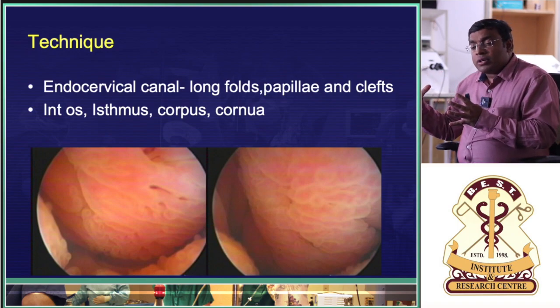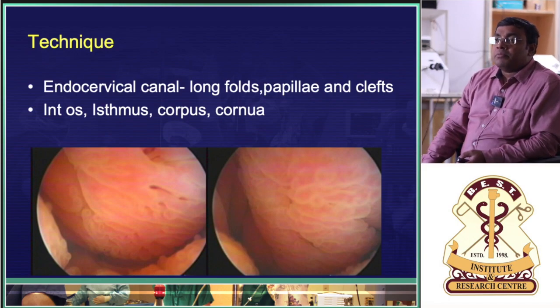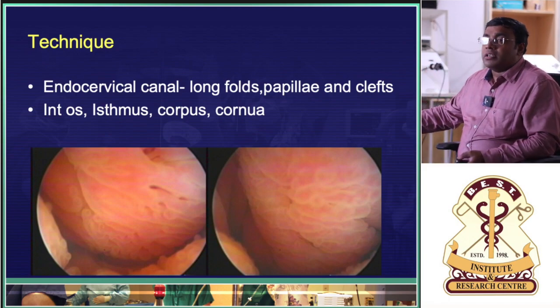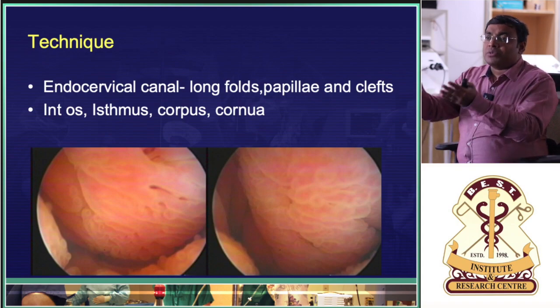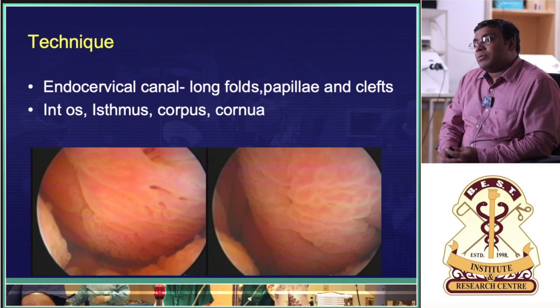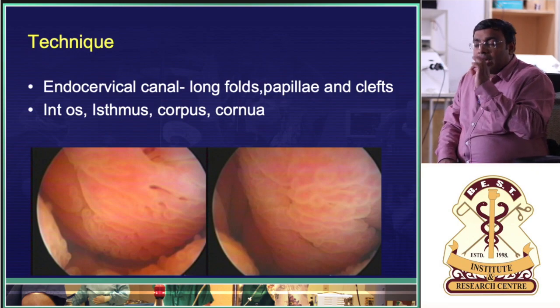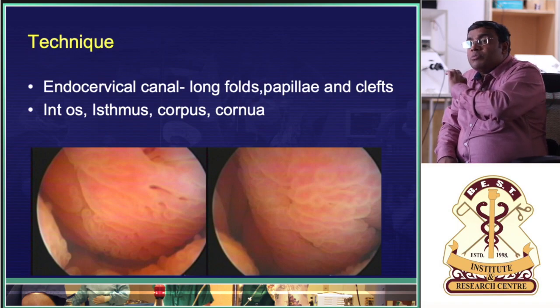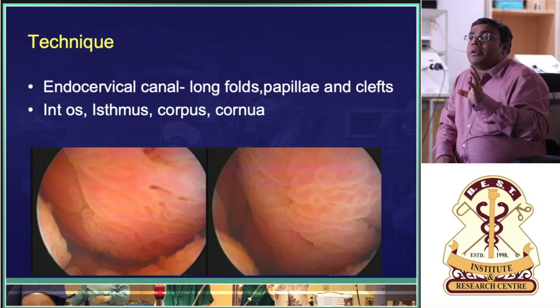So the uterus is being pushed to the right, and then when you put in a speculum, you see the cervix pointing in the opposite direction. So you should know how to go there also. So the most important thing is, till you master the art of hysteroscopy, don't miss any step. Like EUA is very important.